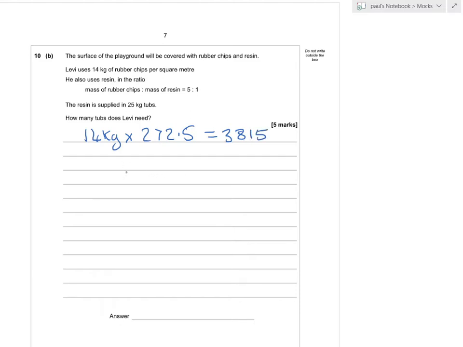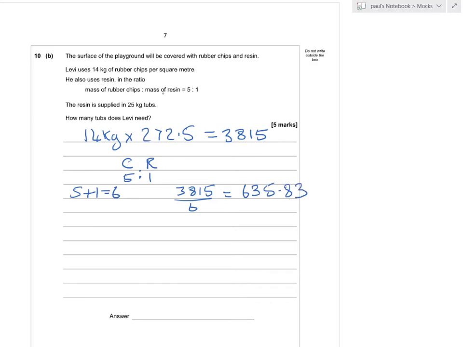Right, so now we've got a ratio bit going on. So we've got chips and resin of 5:1. So 5 plus 1 equals 6. And 3815 divided by 6 equals 635.83.